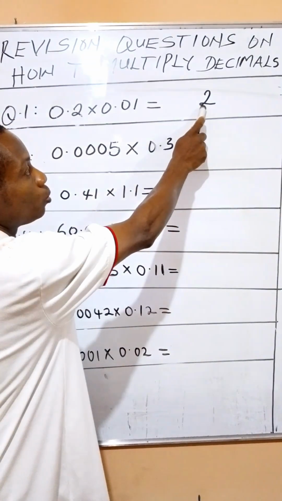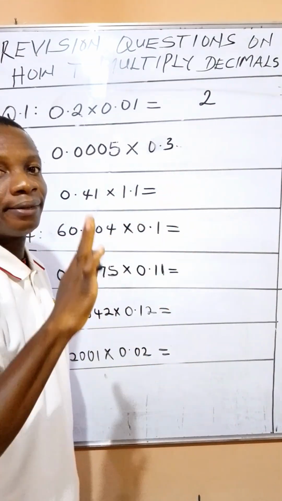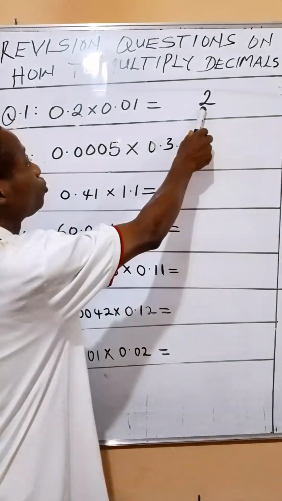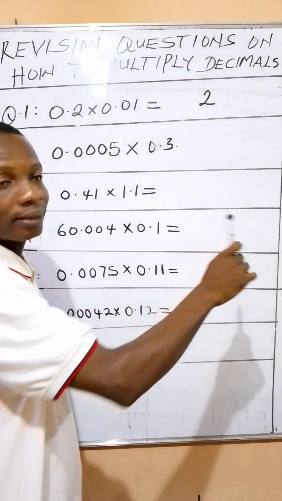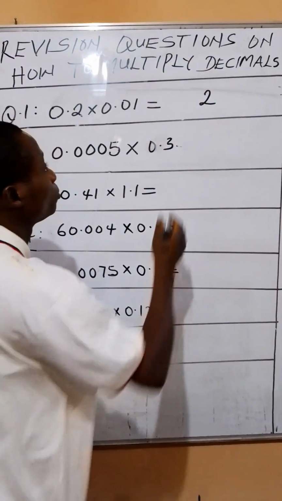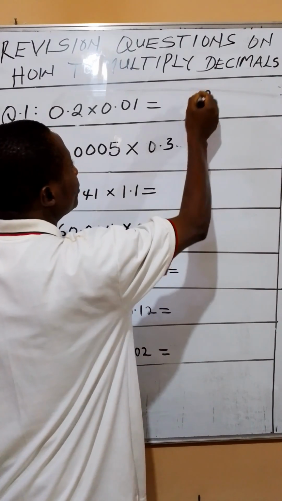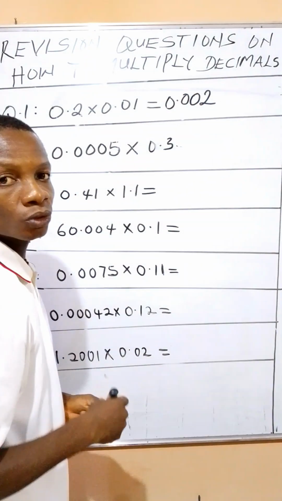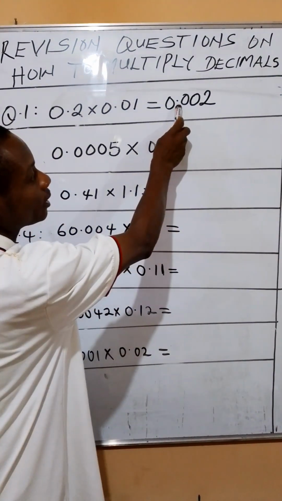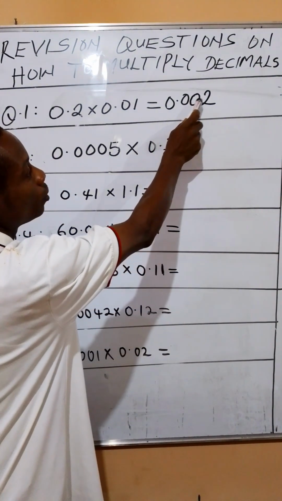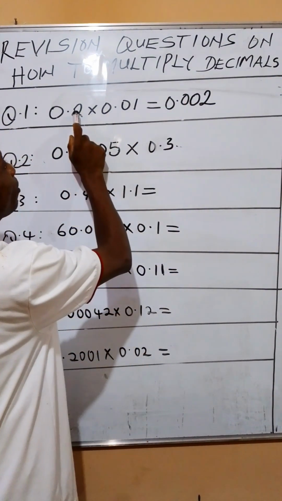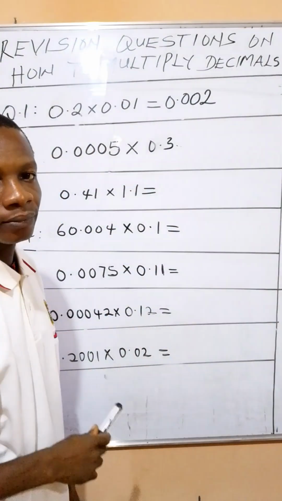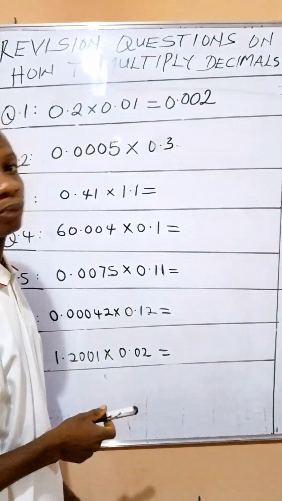Here we already have 1 out of the 3 decimal places, which means we are adding an extra 2 by adding 0, 0. So you can see now, after the decimal point, we have 1, 2, 3. So we have solved that problem. That is how you are going to end that problem.